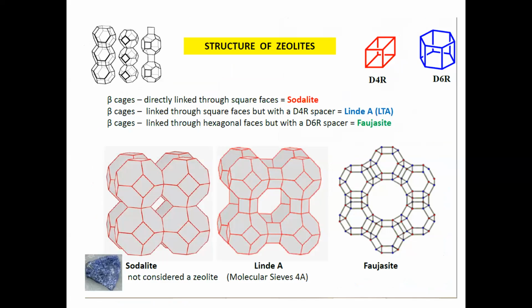Next, if you want to design more complex zeolites, how are you going to do it? The way to do it, as I can see on the top left: now we discussed only one alpha cage. Here there are more alpha cages connected to each other, and they are connected in different ways.